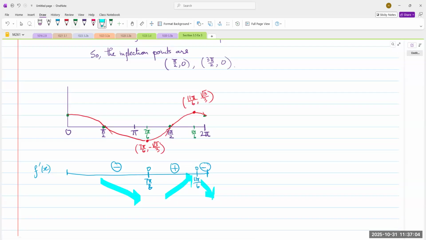Now, when we look at the second derivative, between 0 and 2π, we found that it is concave down from here to π/2 and then concave up from π/2 to 3π/2.